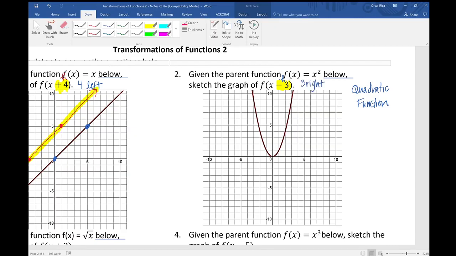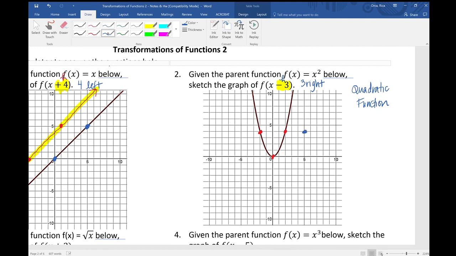Let's pick 3 points on the graph. Let's go with (0, 0), (-2, 4), and (2, 4). And just a reminder, you can pick any 3 points you want. Now let's move the points. Let's start off with (2, 4). So 1, 2, 3.